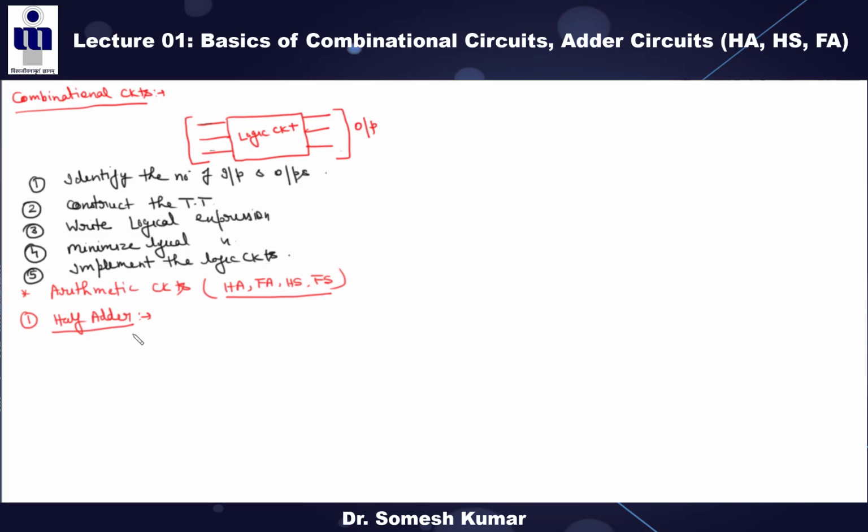But if there is some previous carry, right, means some previous carry is also present there from any previous stage, it means you have to consider that carry also, right? In that case, there are three inputs, right? And in that case, the circuit used to add three inputs, that is your full adder, right?